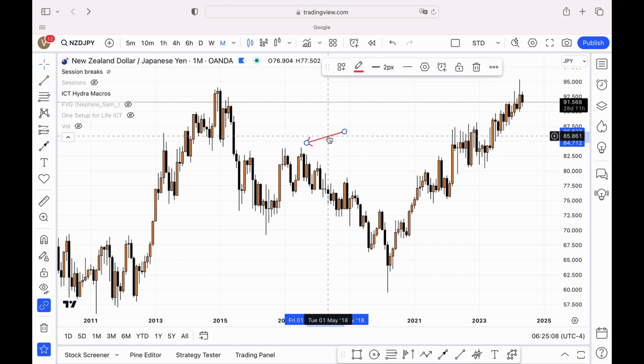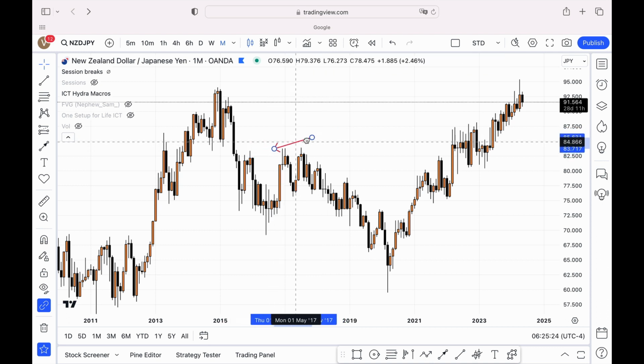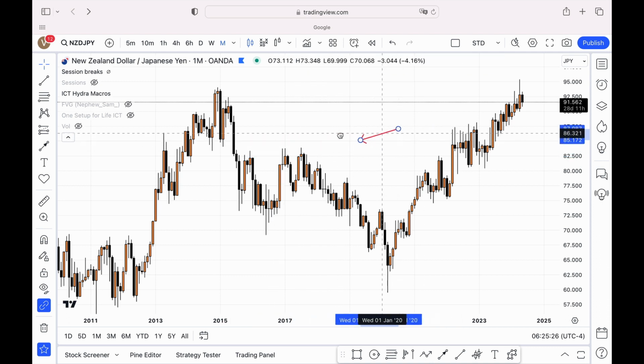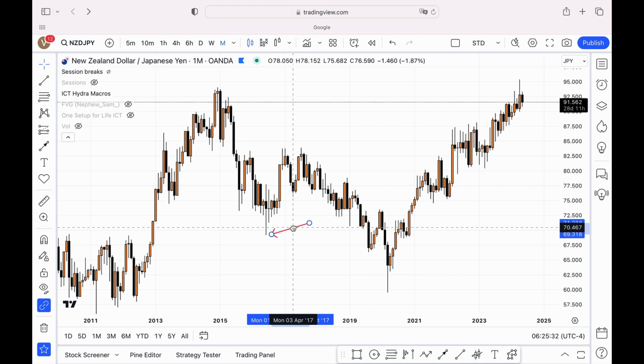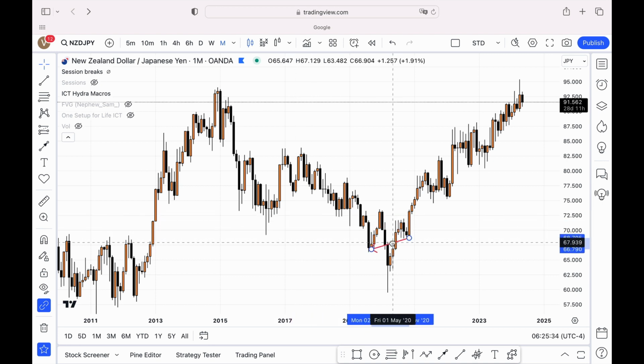Orders or liquidity will reside above a swing high or below a swing low, or at equal highs or equal lows. For example, right here you actually have equal highs, so you'll have liquidity resting above that. You've got a high here, liquidity, low liquidity, low liquidity.